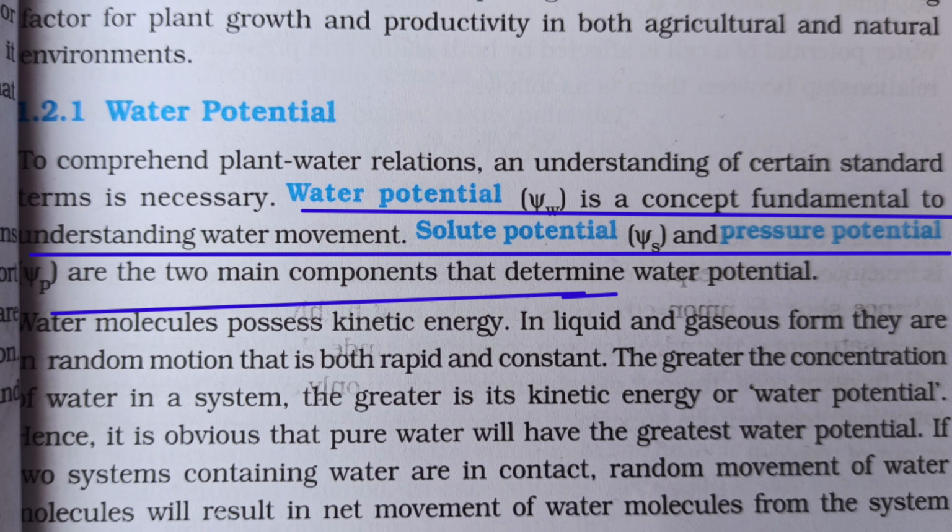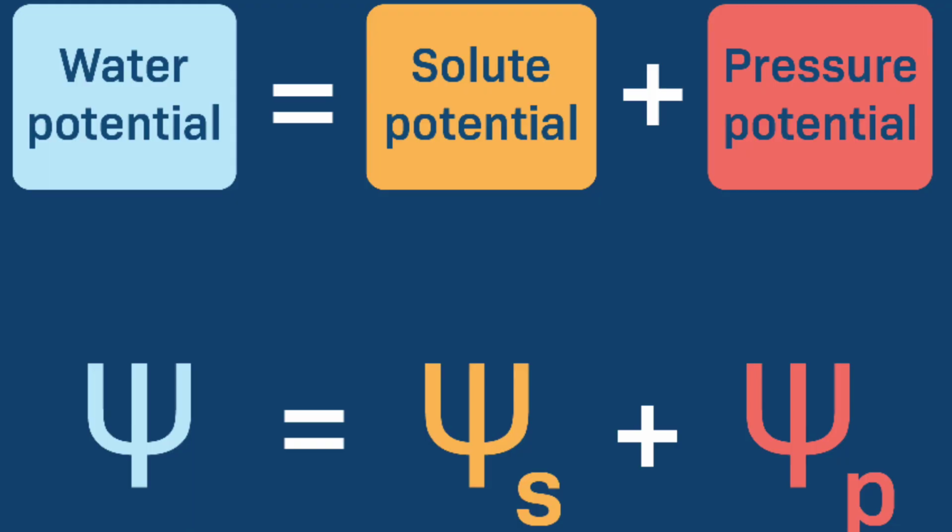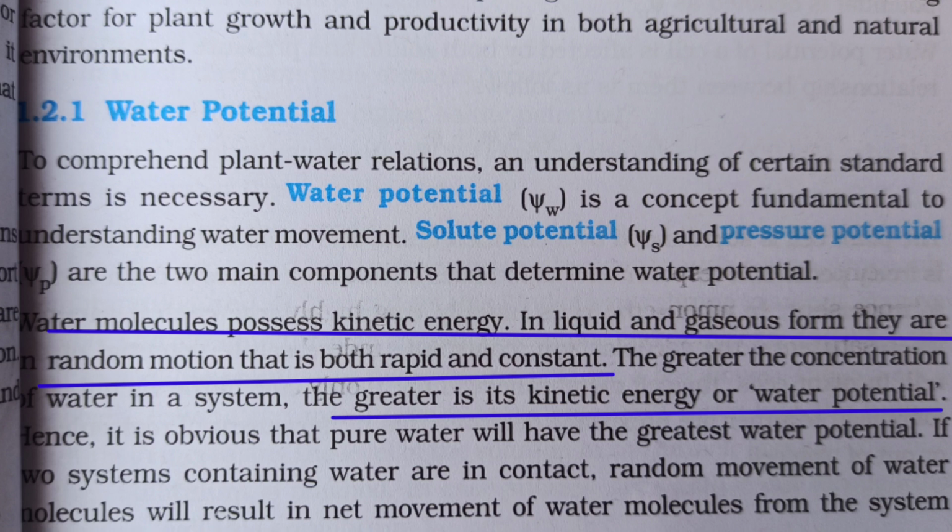Water potential is a concept fundamental to understanding water movement. Its components, solute potential and pressure potential, sum up to give it. Water molecules possess kinetic energy. In liquid and gaseous form, they are in random motion, both rapid and constant.